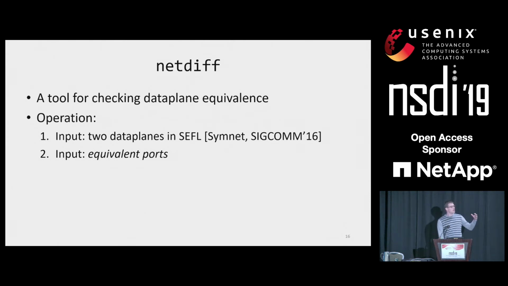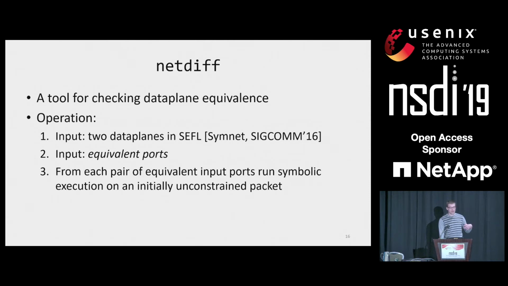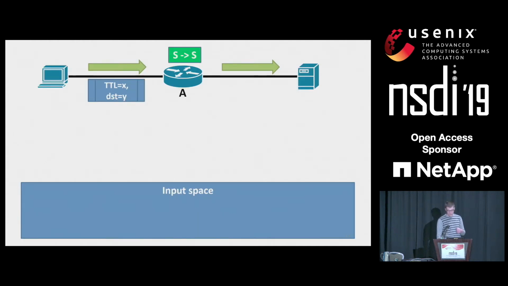And then it is also given some equivalent ports, and from each pair of equivalent ports, you will essentially be running symbolic execution on an initially unconstrained packet, and then you would check if the outputs of running this symbolic execution actually match. So let's see how this works.